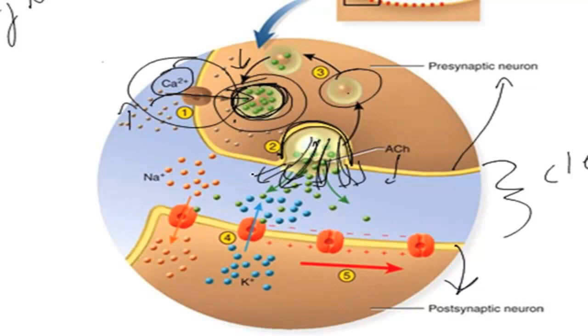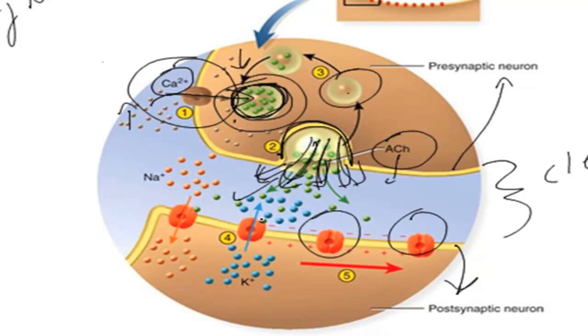The neurotransmitters go into the synaptic cleft, they travel across the extracellular fluid, and they come in contact with receptors on the postsynaptic membrane. These receptors are ligand-gated ion channels. They are opened in response to the presence of a specific chemical, and that specific chemical, in this case, is the neurotransmitter. In this particular example, it's acetylcholine.